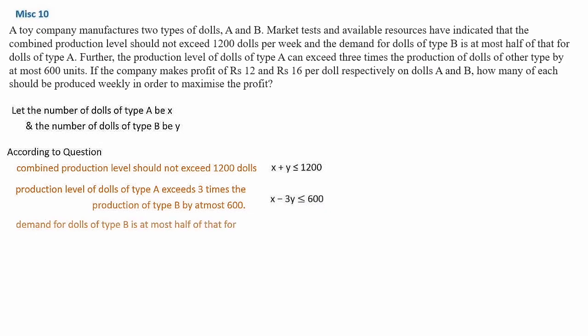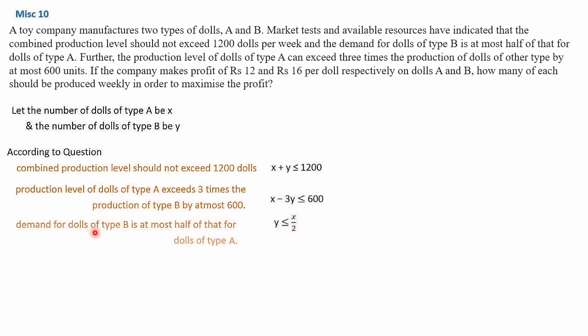And again the next condition, demand for dolls of type B is at most half of that for dolls of type A. So here it is given to you. That means Y is less than or equal to X by 2.